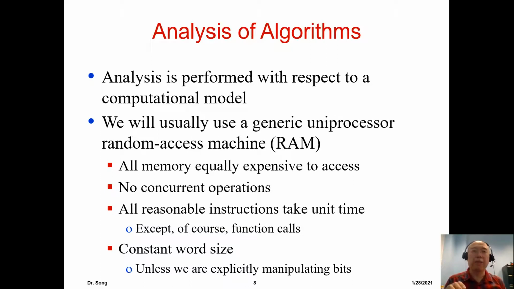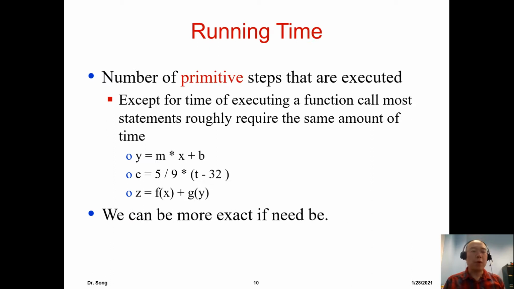So the time complexity, or how long an algorithm is going to run relative to the input size, becomes how many primitive steps are required to finish this algorithm on a given size of input. And that will be the polynomial we are trying to figure out.